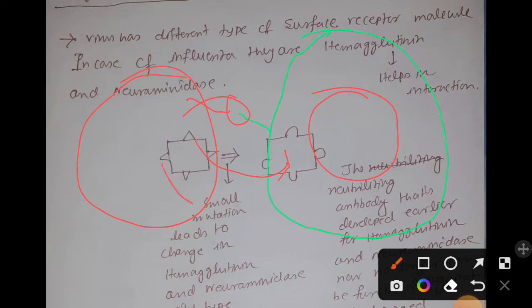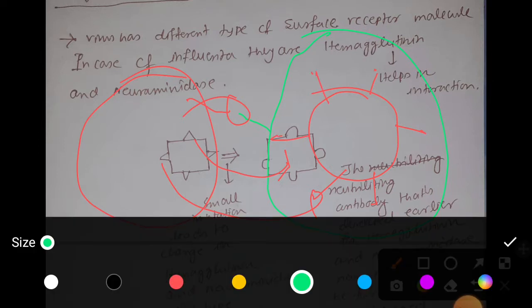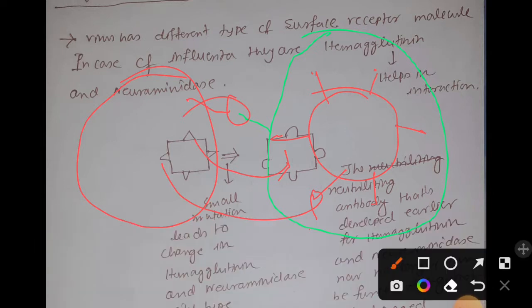The virus successfully enters inside the host cell. Now the host cell will activate its immune system, because whenever there is a foreign antigen inside our host cell, it activates its immune system and develops antibodies against it.